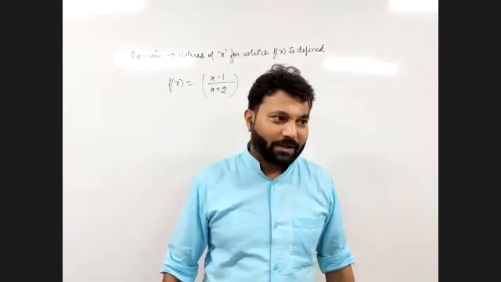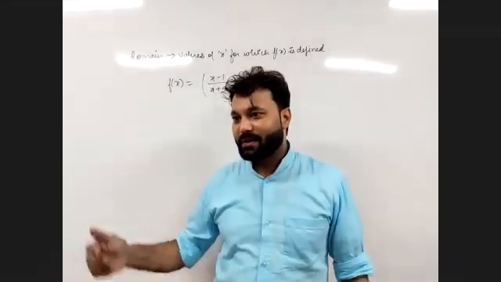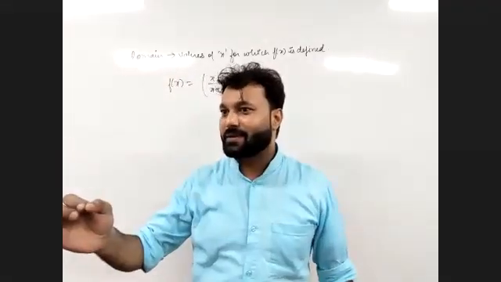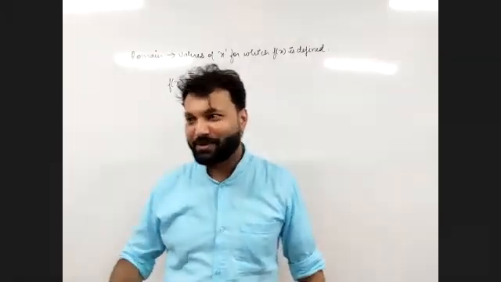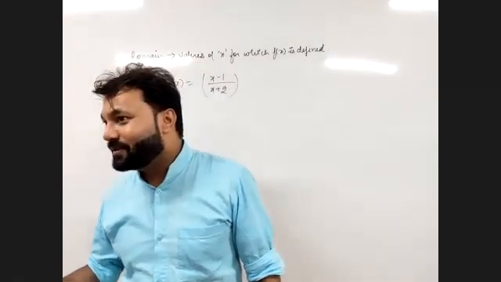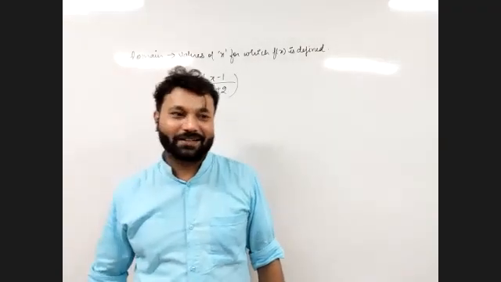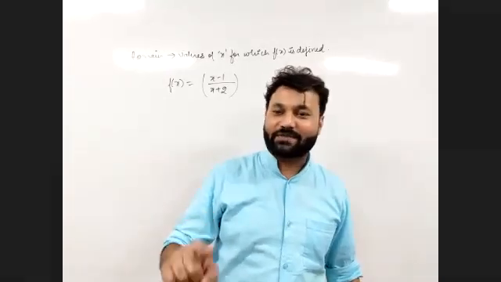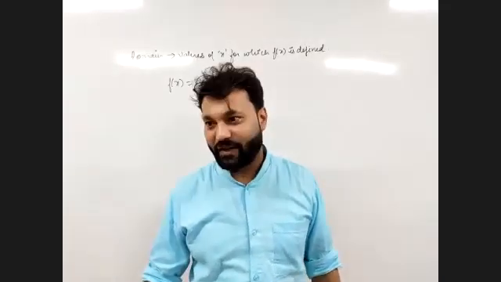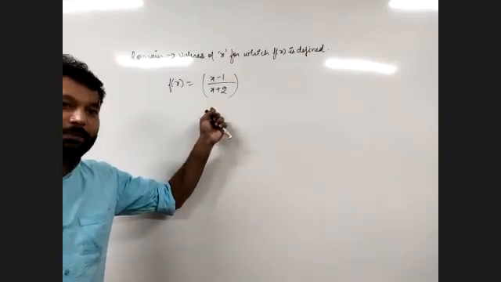Did I manage to explain? All values of x for which f(x) is defined. Here f(x) is defined for all other values except at -2.